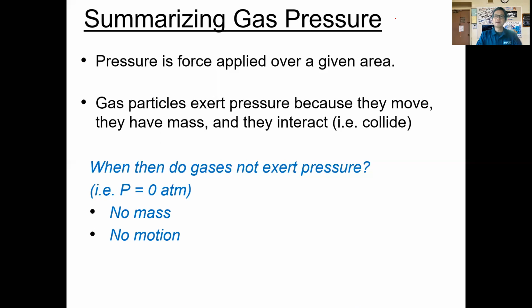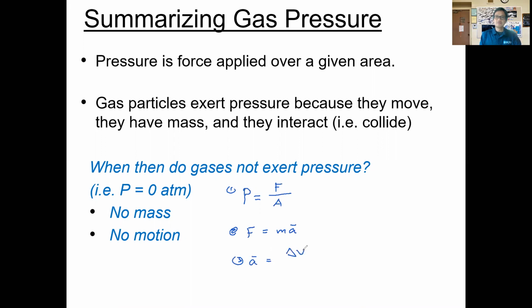If we know that pressure is force over area, and that force, using Newton's second law, is mass times acceleration, and finally that acceleration is the change in velocity, the change in motion over time, I will be using these three equations to answer this very simple question and see how it works.